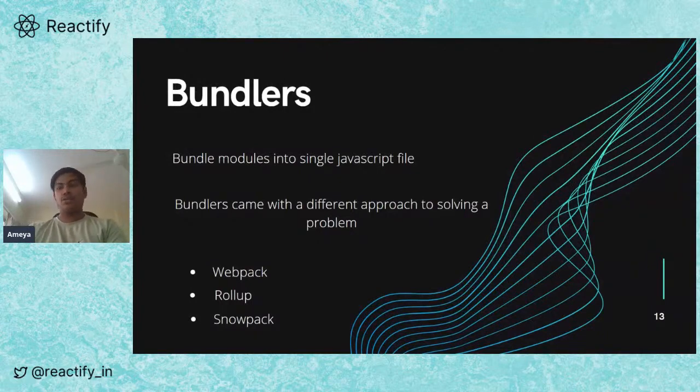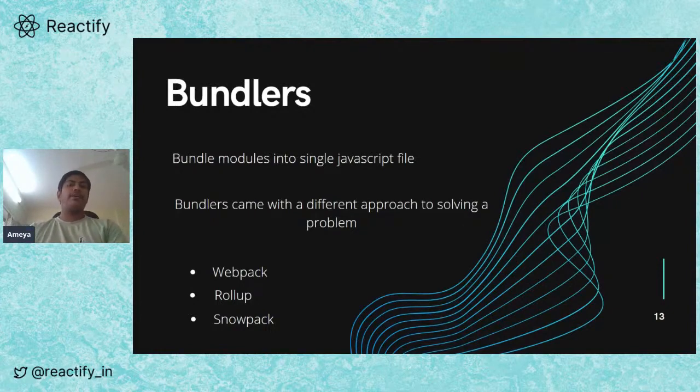Now, a quick introduction to bundlers. Module bundlers are tools used to bundle modules into a single JavaScript file that can be executed in the browser. There are a lot of bundlers available out there. Some are industry standards, like Webpack, used by top companies. Some are zero-config bundlers like Parcel, and Rollup, which is tree-shakeable out of the box, and Snowpack, which is fast.